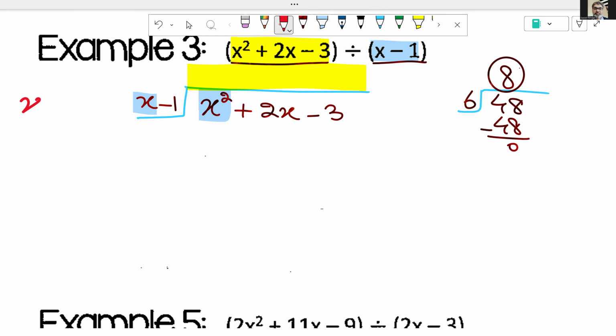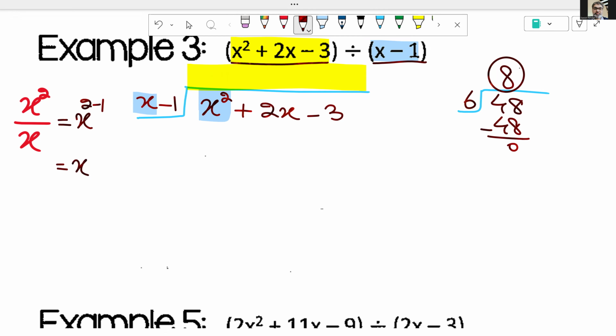The first term here is an x squared. Just think about that. And then divide this by the first term in a standard form of the divisor. What should this give you? It will give you an x, right? It will give you an x exactly, because you will subtract the exponents, and 2 minus 1, you can simplify it also, 2 minus 1, and that's giving you an x. So this is the quotient.